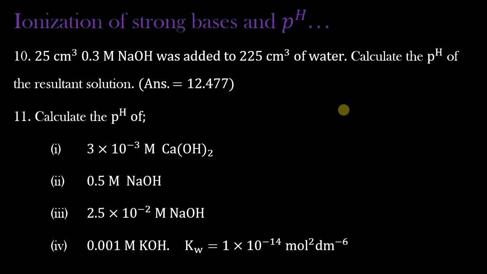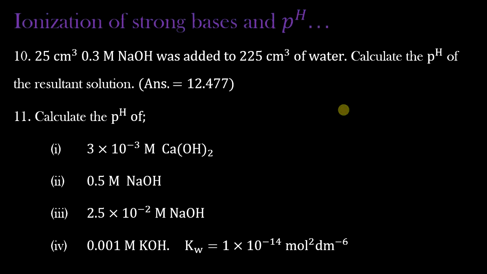But I have some work that you can try out during your free time. Now we have the first question. 25 cubic centimeters of 0.3 molar sodium hydroxide was added to 225 cubic centimeters of water. You're supposed to calculate the pH of the resultant solution, and the answer you will obtain there is 12.477 or just 12.5.